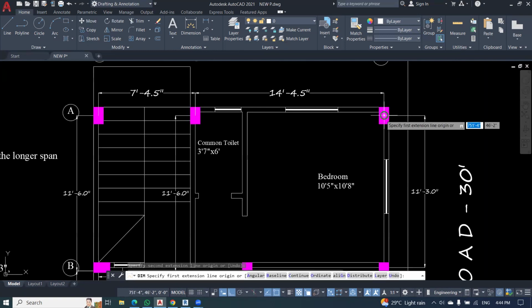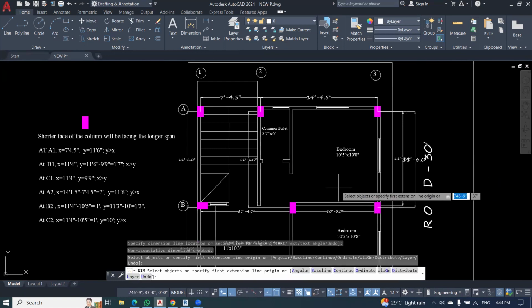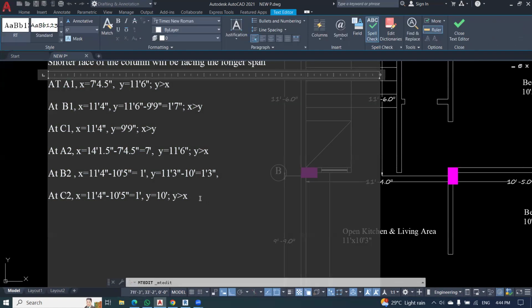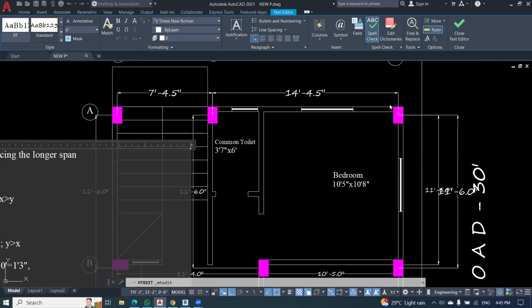Now coming to the next thing. A3. Again, the same distance will come 11 feet 6 inches. Now, just tell me at A3. How much is the x distance? X distance is nothing but 14 feet 4.5 inches.